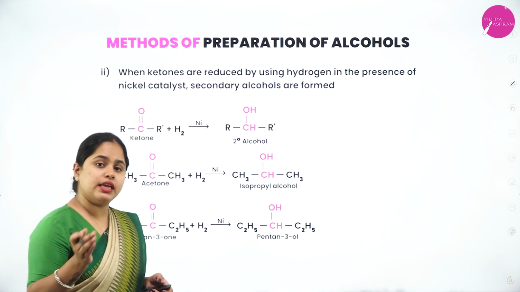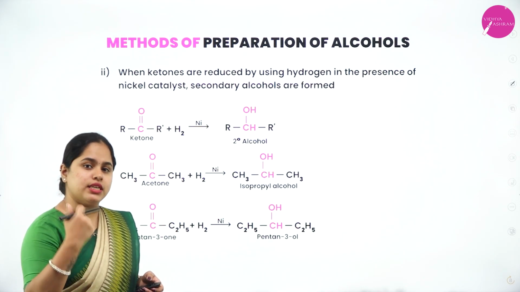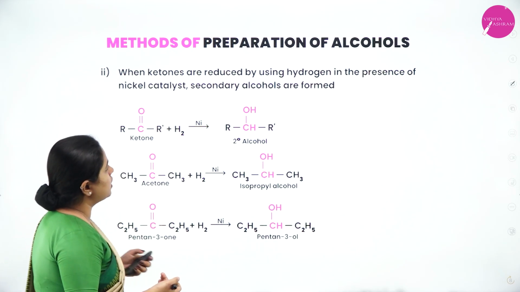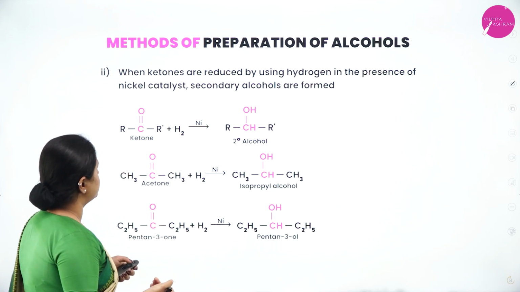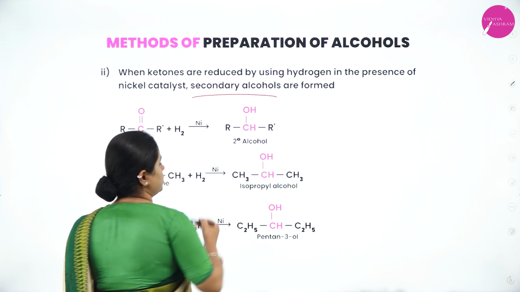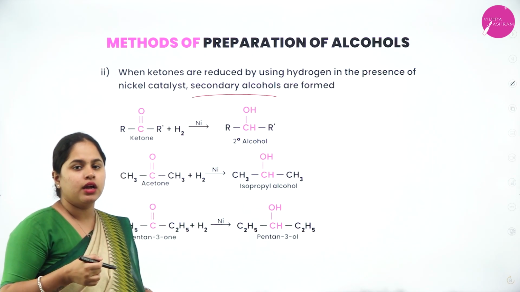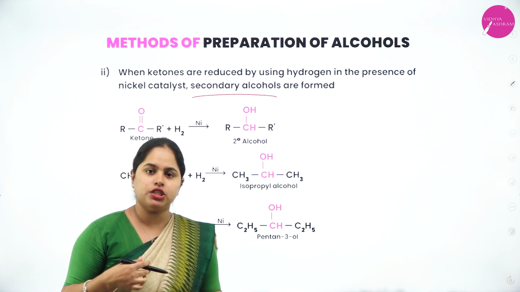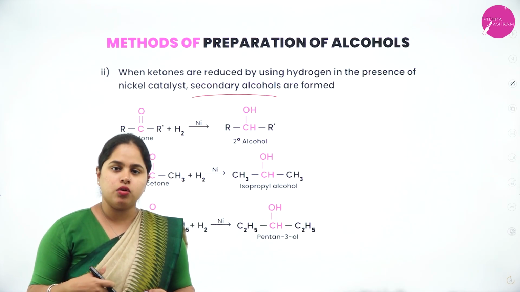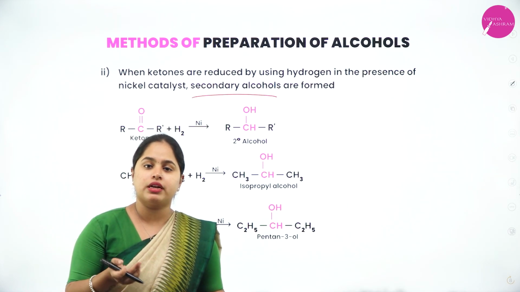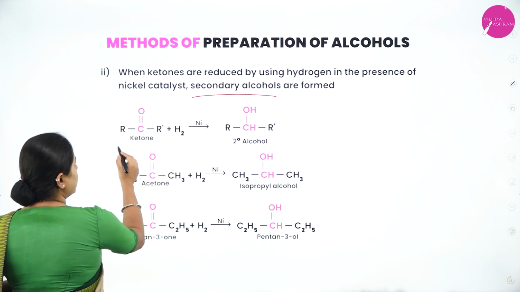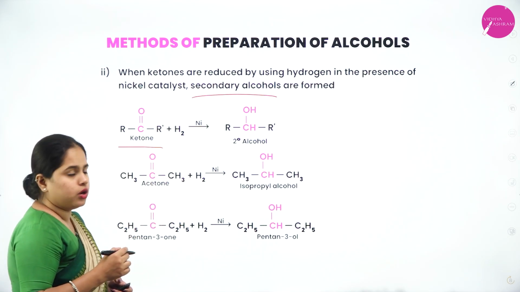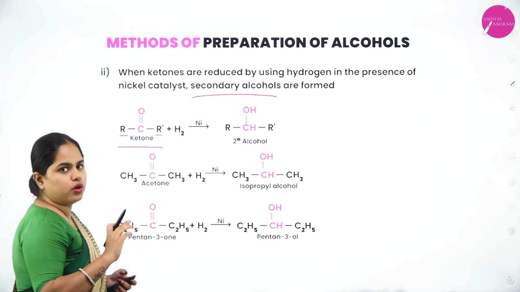Now if you are taking ketones, then we are going to get a secondary alcohol. So when ketones are reduced using hydrogen in the presence of nickel catalyst, secondary alcohols are formed. That is a difference you have to remember. Aldehydes, when they undergo hydrogenation, give primary alcohol. Ketones, when they undergo hydrogenation, give a secondary alcohol. So you can see here R, C double bond O, R dash. This R and R dash stand for different alkyl groups.